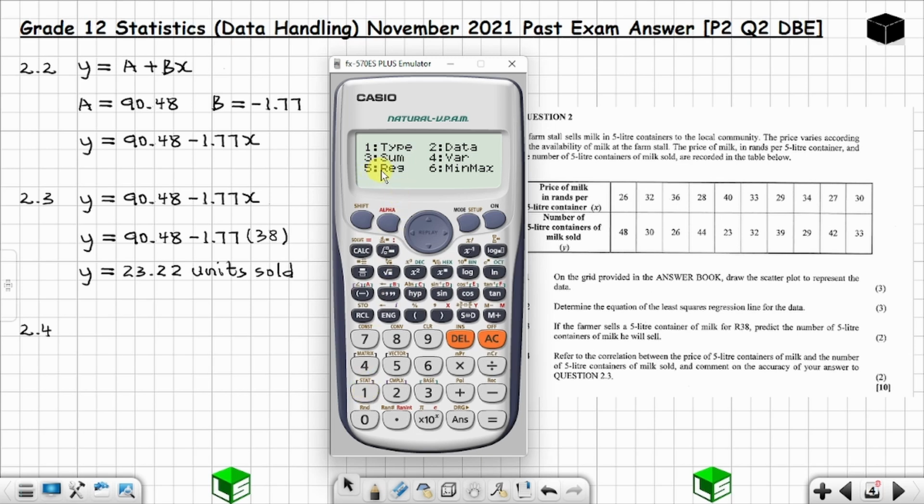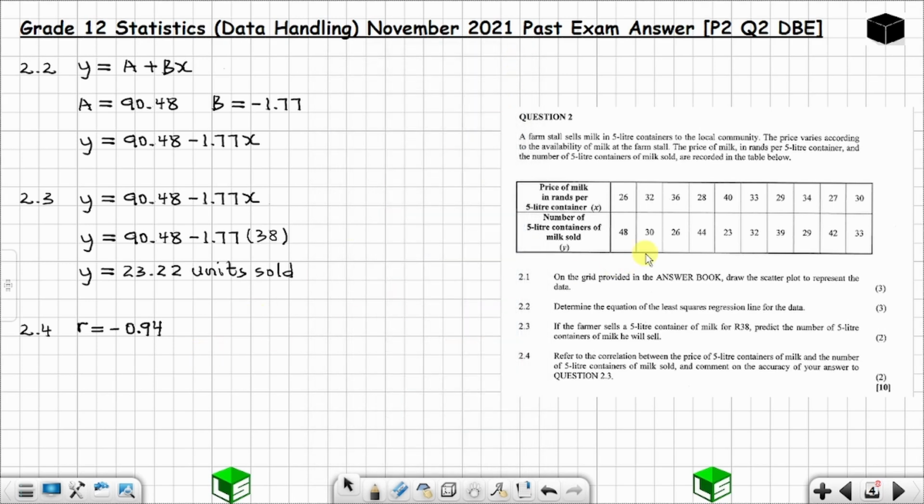And then you choose reg, which is option 5. Okay. And then now you can get your R, which is option 3. Okay. Let's choose option 3 for R. Okay. What is R? So this is the value of R. So R is equal to negative 0.94. Okay. Let's close this.